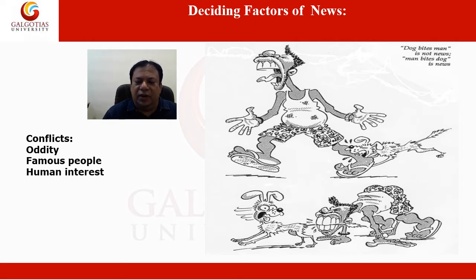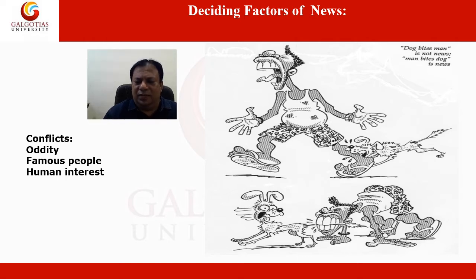Like if there is a kind of conflict, or any kind of conflicting opinion, conflict becomes a story. Conflict between two countries, conflict between state and center, conflict on the basis of geographical area. So conflict always becomes news.